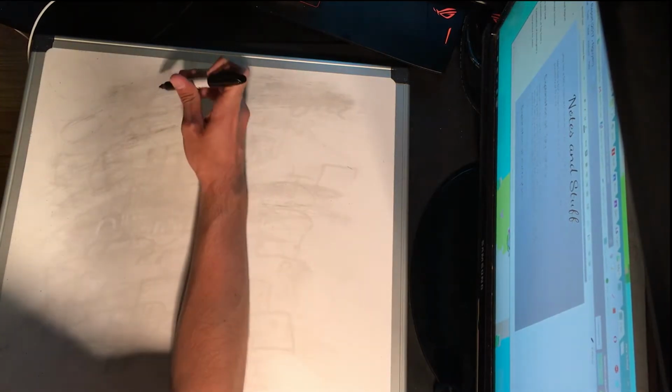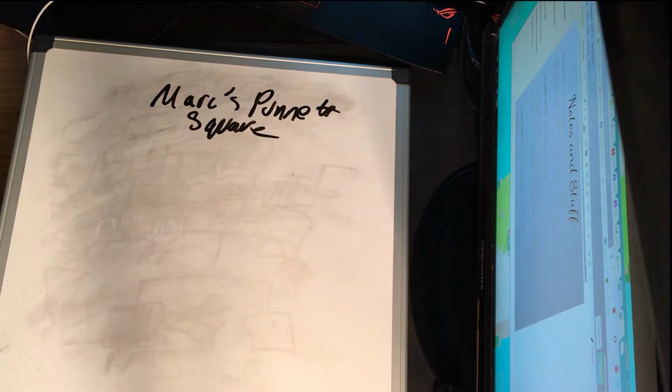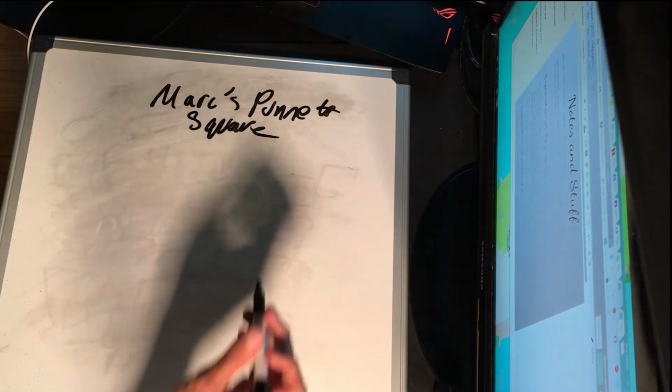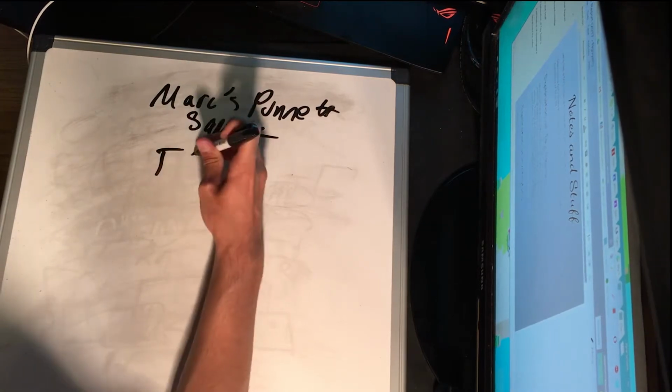So now if we look at Marc's Punnett square here, he has two heterozygous parents for Tay-Sachs.